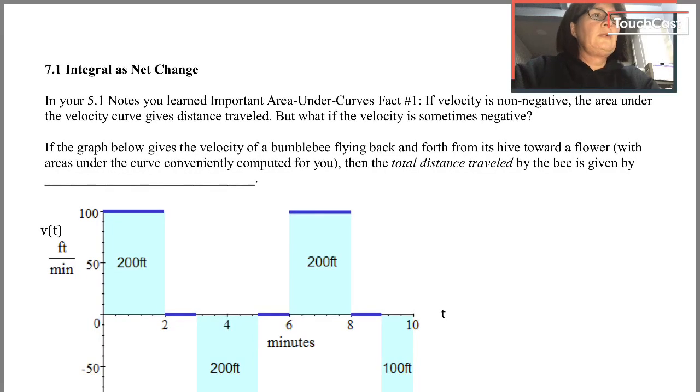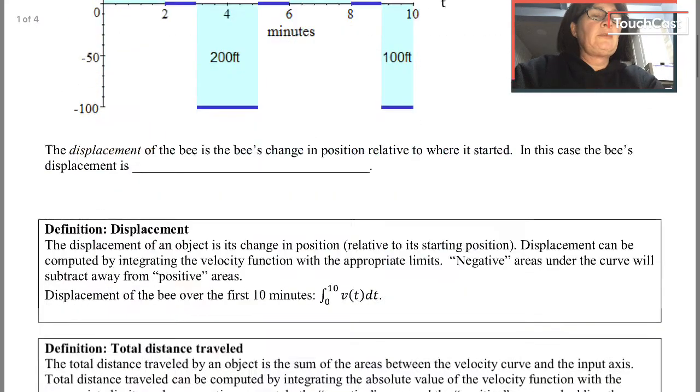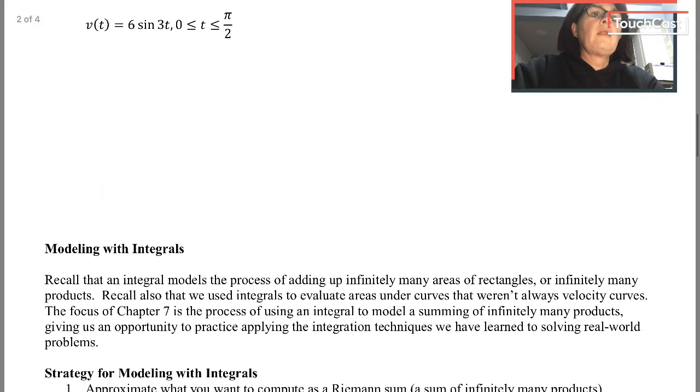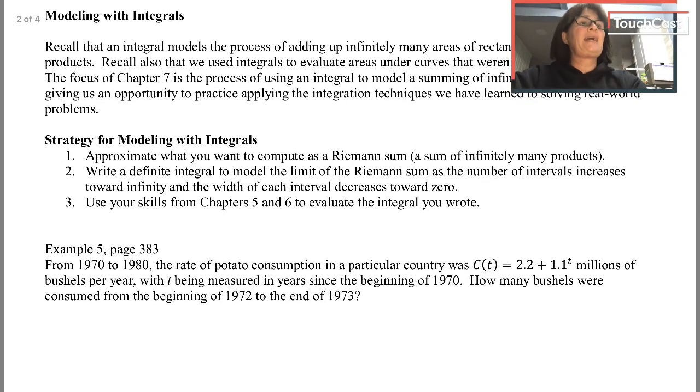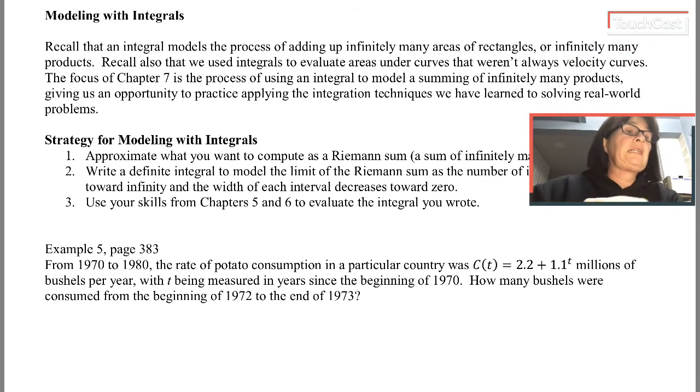All right, so what does this mean for us in chapter 7? Remember that integrals just came from wanting to add up a bunch of areas of rectangles, and we got those areas of rectangles by multiplying a base times a height. Well, it turns out you can use an integral to model summing up a whole bunch of products of two things. What's that really useful for?